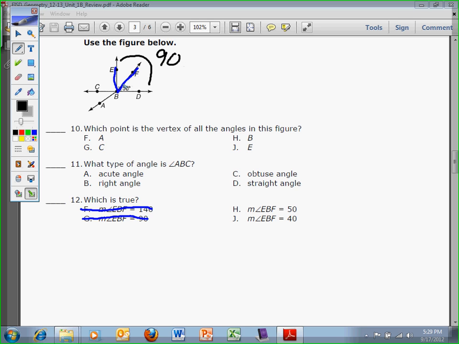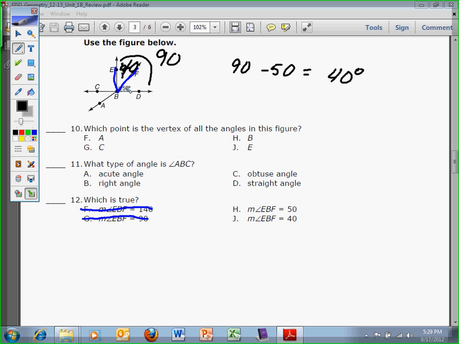And angle FBD is 50. We now need to just find the remaining measure. So what I would do is take the whole thing, 90, subtract FBD, 50, and that's going to give me an angle measure of 40 degrees.